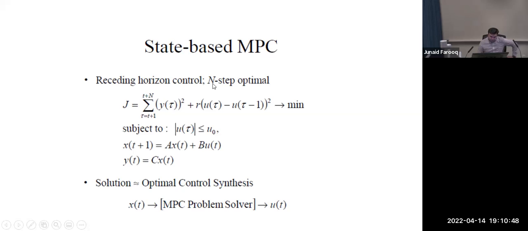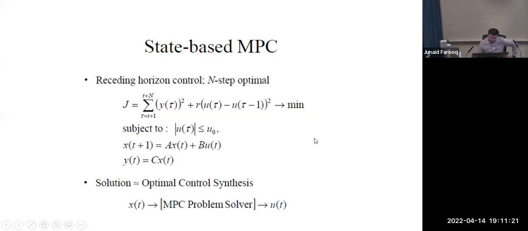Now, there is also the possibility of a finite horizon MPC. So if you reduce this to an n-step problem, the same problem you could write as follows. And the solution to this problem has to come from some solver. So you could use an MPC problem solver to give you the u of t based on the solution of this problem.